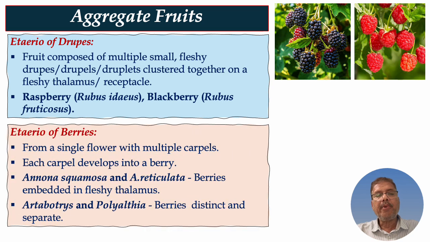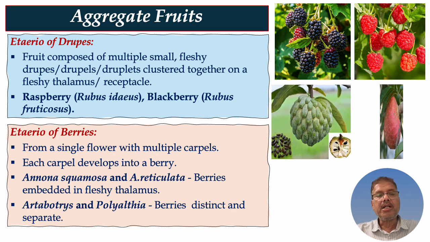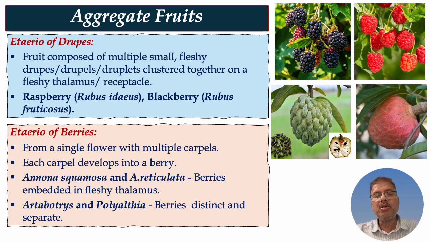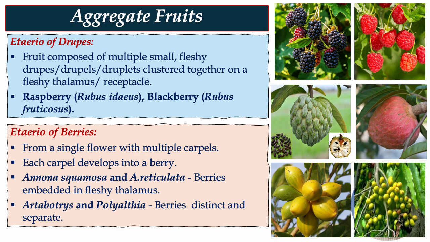In etaerio of berries, which is formed from a single flower with multiple carpels, each carpel develops into a berry-like structure. In custard apple, Annona squamosa, and bullock's heart, that is Annona reticulata, the berries are embedded in the fleshy thalamus. In Artabotrys and Polyalthia, the berries are distinct and separate.